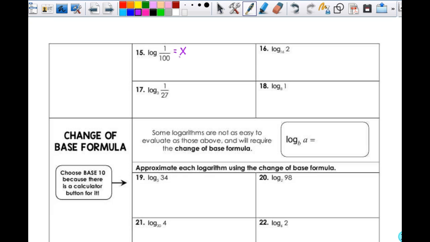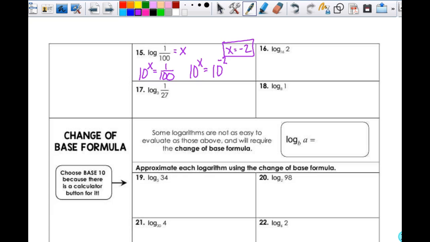So when I rewrite it, what's my base? 10. So this is 10 to the x power equals 1 over 100. So that's step 1. Then I have to decide what my base is going to be. I think I'm going to go with 10. So 10 to the x equals 10 to something. How do I get it in the numerator? A negative, right? And then 100 to the negative 1 power is the same as 1 over 100. And then to get to 100 from 10, it's squared. So it'd be negative 2. That means that x equals negative 2, and I'm done.